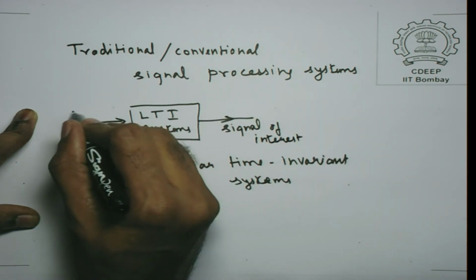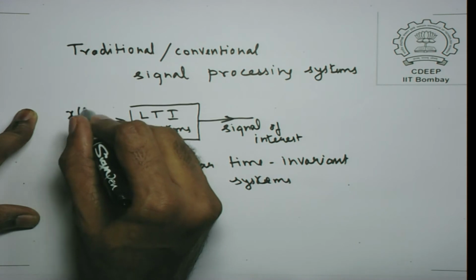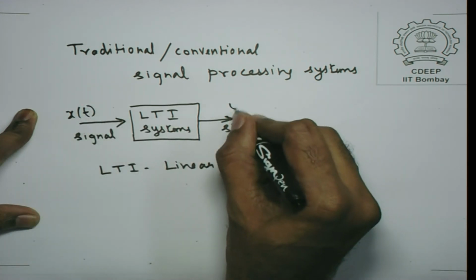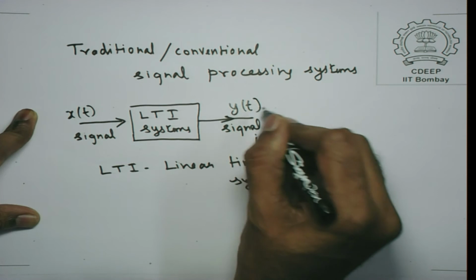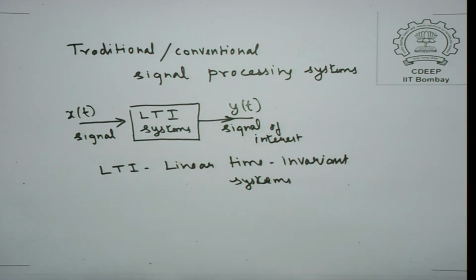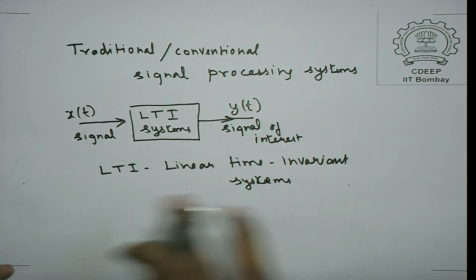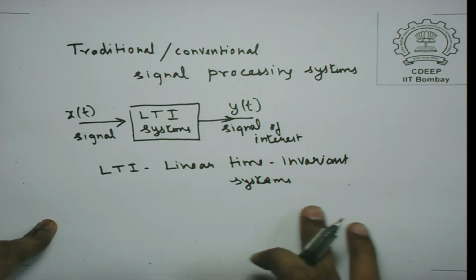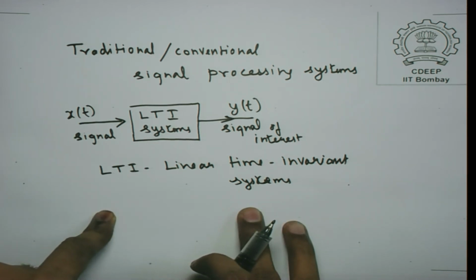We typically denote the input signal as x of t and the output signal as y of t, where, if you are looking at continuous time systems, this is the notion of systems which we are more familiar with.